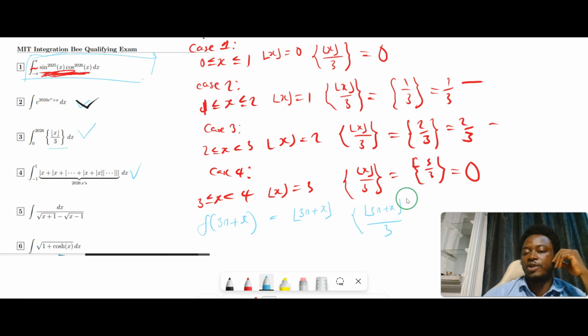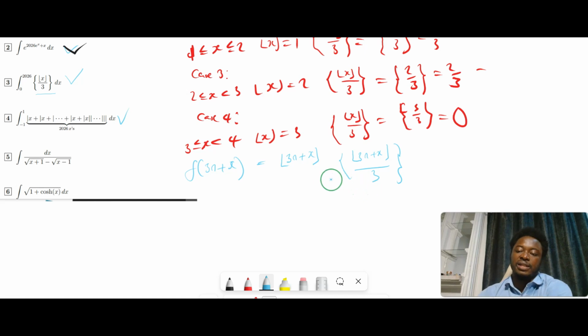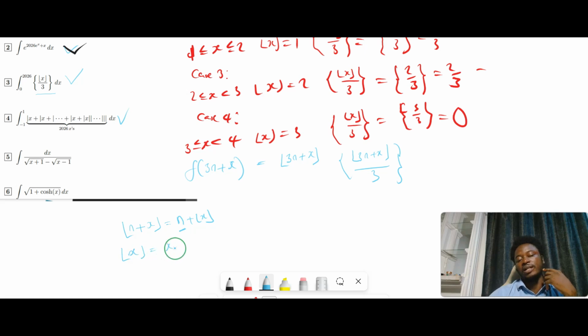Now the big question we are asking ourselves is, for this case, what is the floor of 3n plus x? Well, because this is an integer, we can pull it out of the floor function. For example, the floor of n plus x is going to be n plus the floor of x, if we are sure that n is an integer, because the floor of x is equal to x if x is an integer.